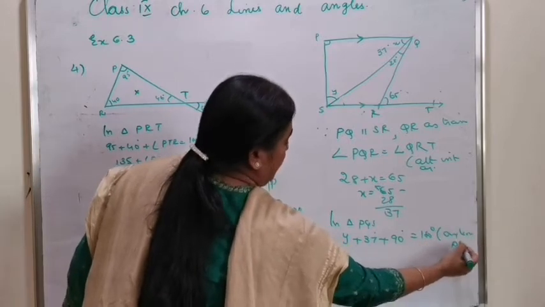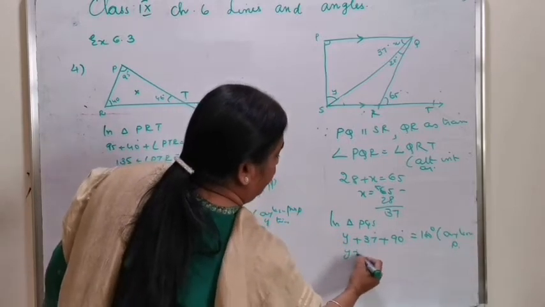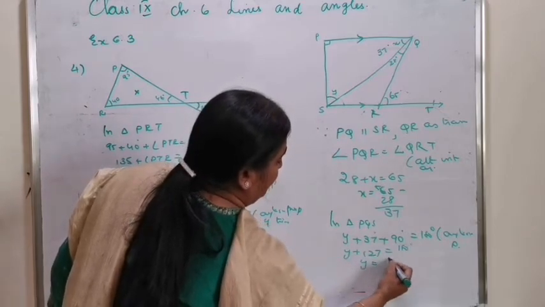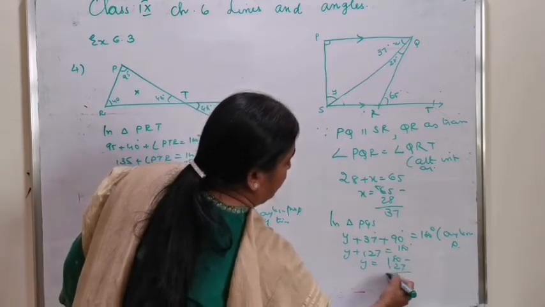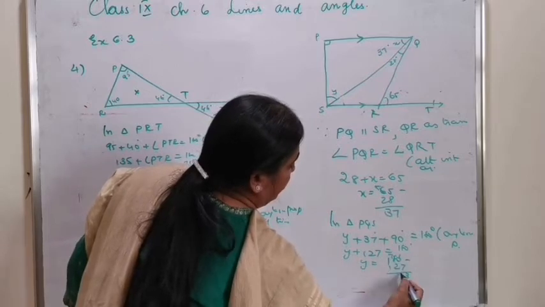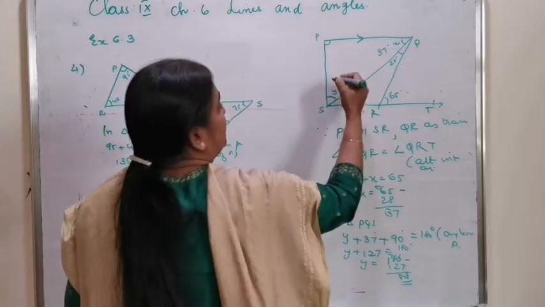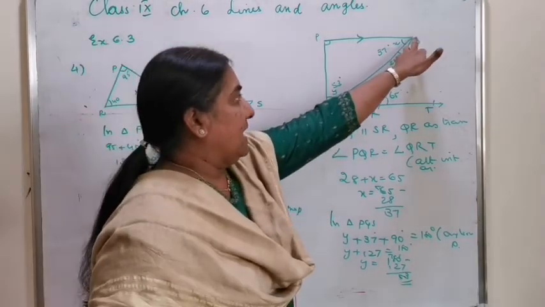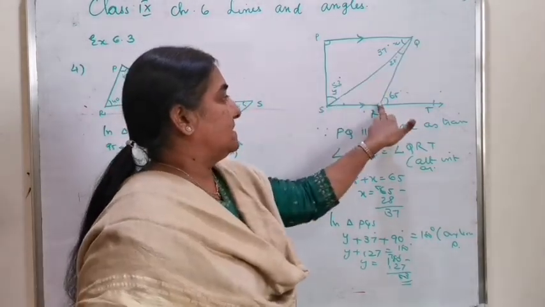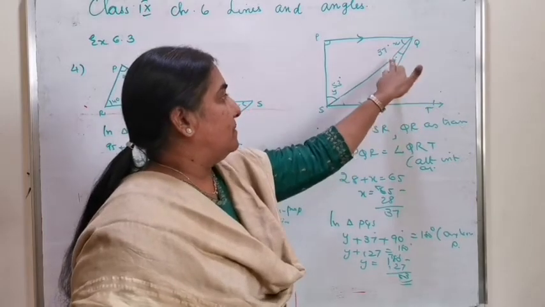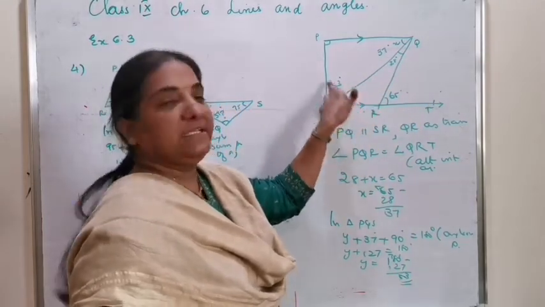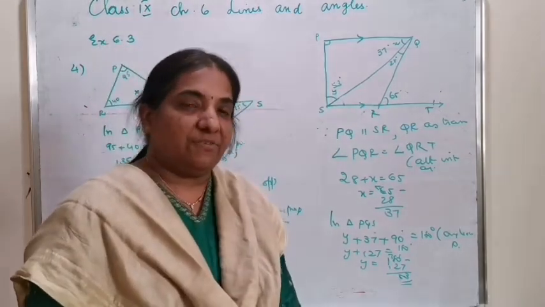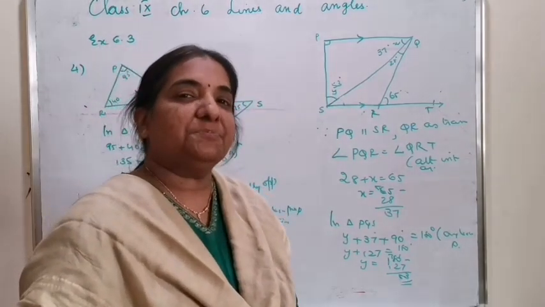Angle sum property: Y plus 127 is equal to 180, or Y is equal to 180 minus 127, which is equal to 53 degrees. Or you can apply the exterior angle as I told you: 65 is equal to 28 plus 37, then 90 minus 37 because it's perpendicular. Whichever method, there are 2-3 different ways you can do this problem.